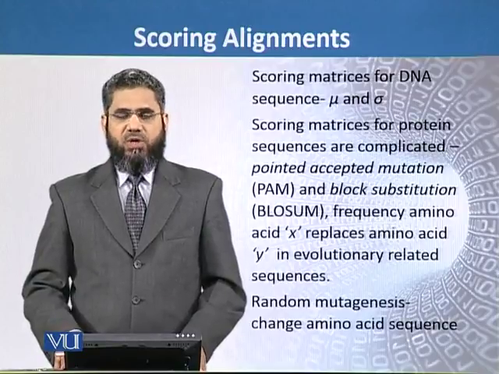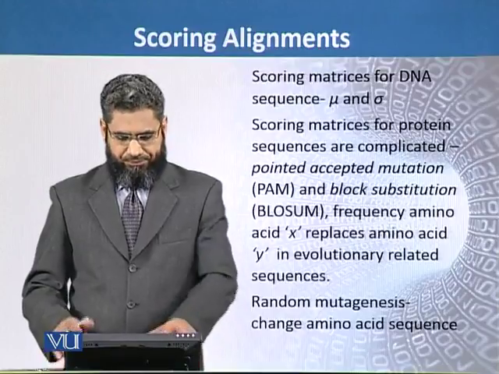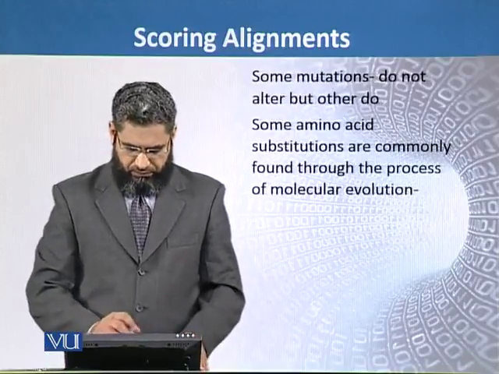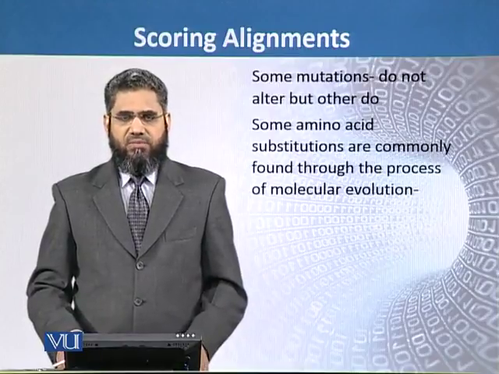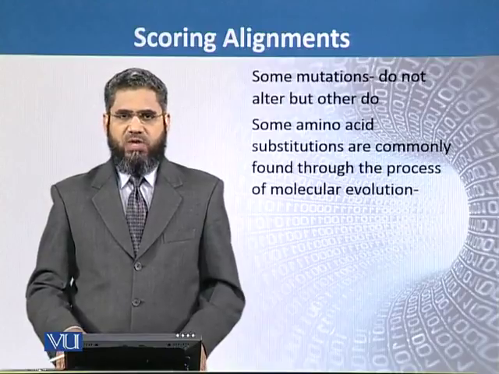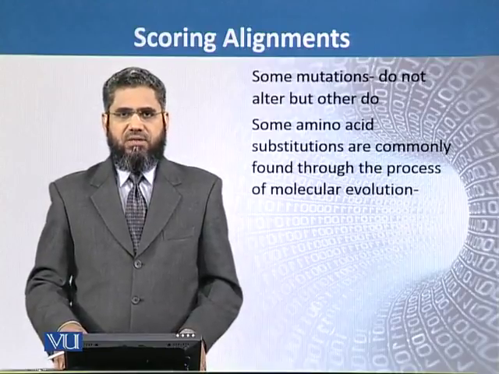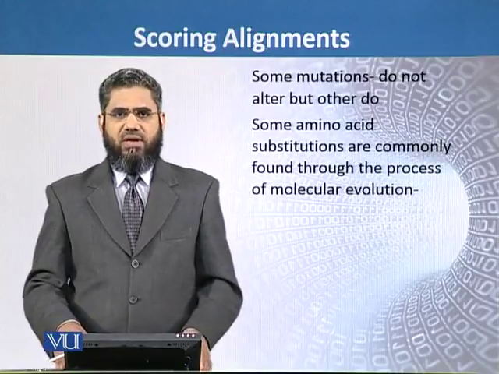In the random mutagenesis that is going on in the DNA sequences, some mutations are very lethal for the organism, because if there is a mutation in the DNA, that information passes on to the next stage.